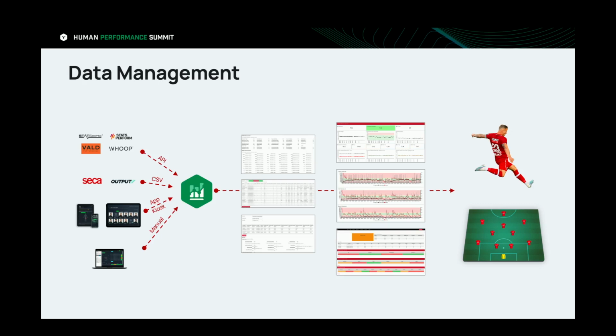Dashboards like this are for medical staff and performance staff, so they can dig a little bit deeper into the details, but we also make very easy to understand dashboards for technical staff so that they know which player can play, which can train, maybe which player needs a modified program. So they can do their job as well, with a very understandable, easy dashboard. And that's it. Thank you very much.